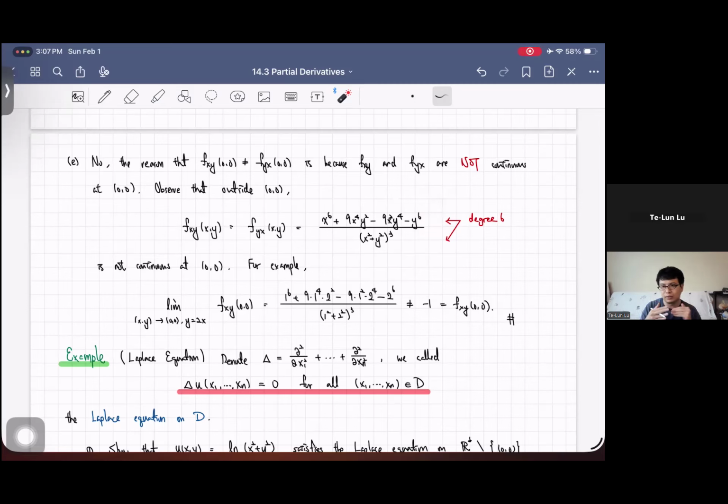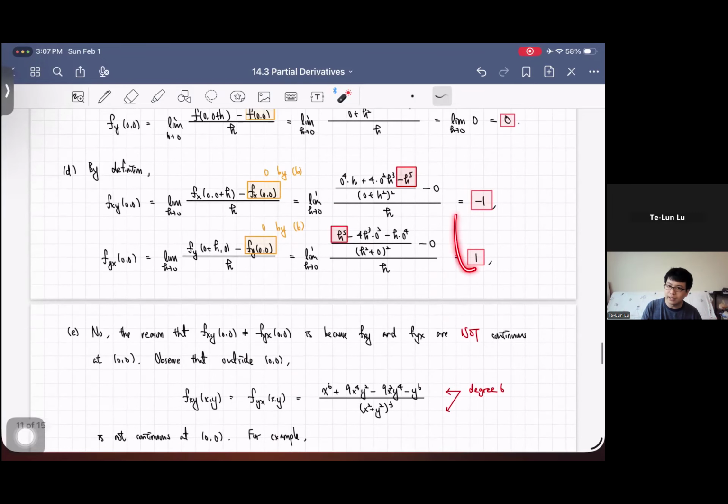So they actually balance each other out, meaning that you cannot find a limit at the origin because you will get different values along different curves. So it is not continuous at the origin, which makes the previous fact that these two are not the same not a contradiction of Clairaut's theorem.